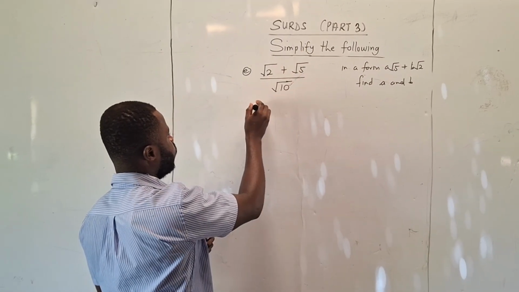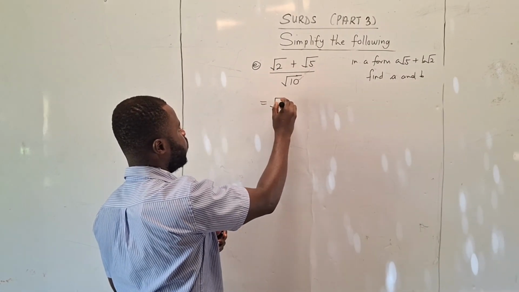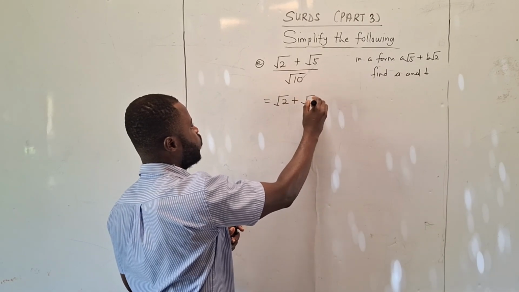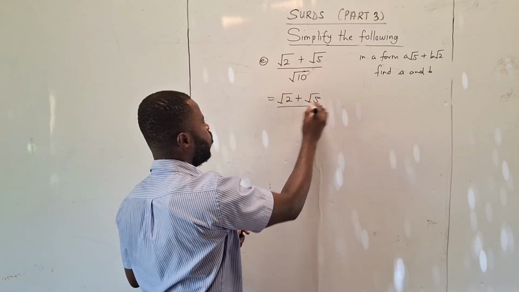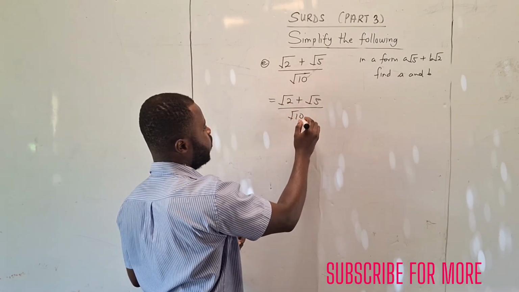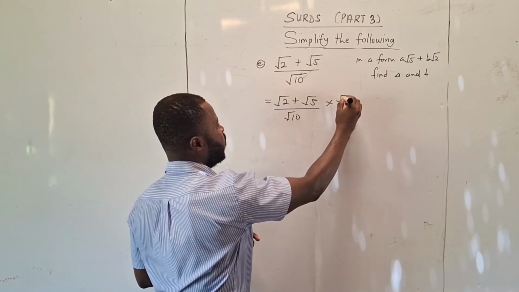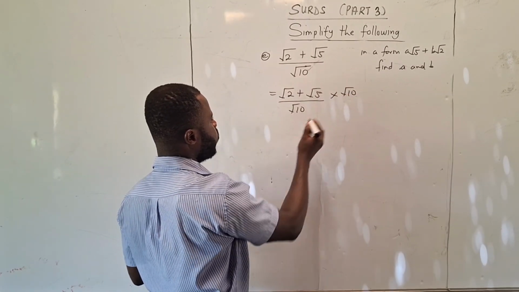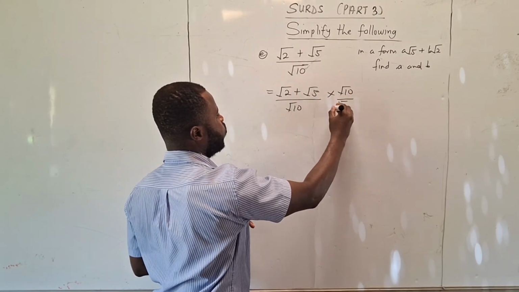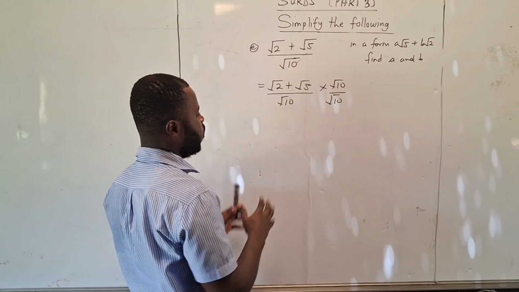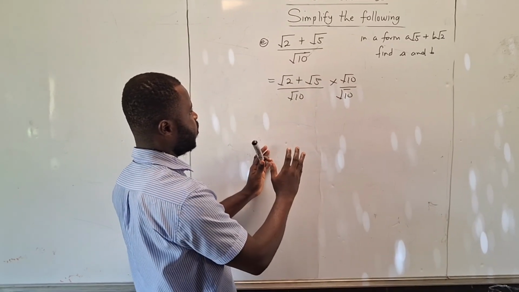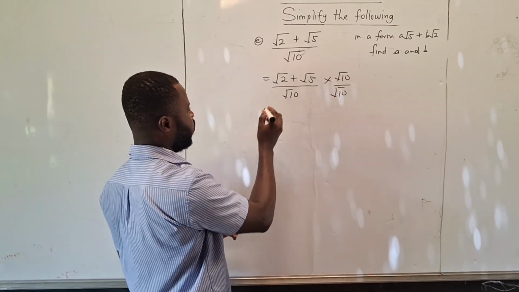So this one, you still multiply the 10 throughout. So now, we have root 2 plus root 5 all over root 10 times root 10 all over root 10. Now what I would advise you is, you can also use a bracket for it.